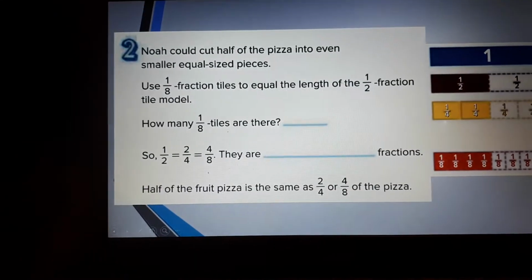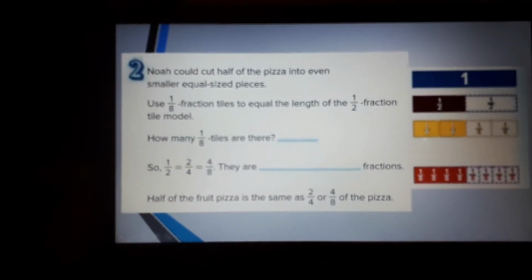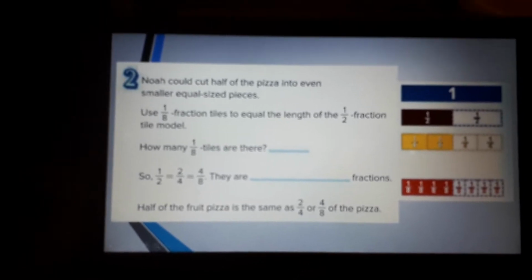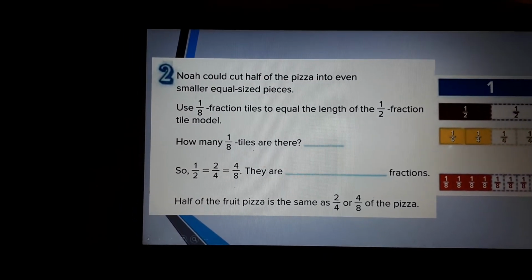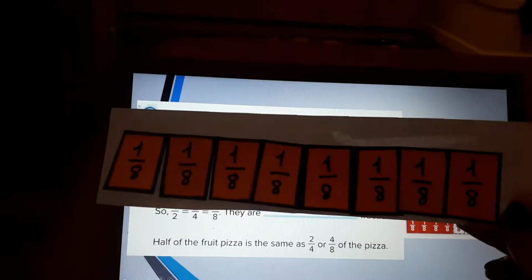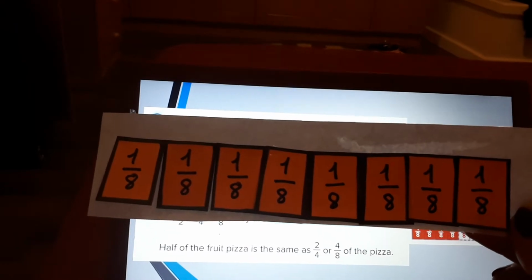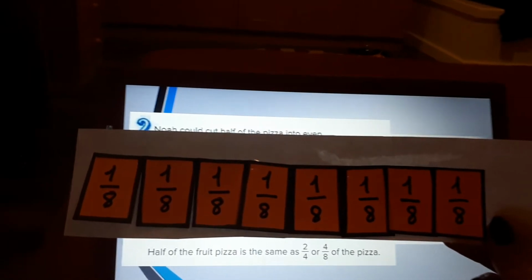Look at this. Noah could cut half of the pizza into even smaller equal-sized pieces. Look here. It's a whole. We can make it half. We can make it fourths. But we have to know how many eighths make half.